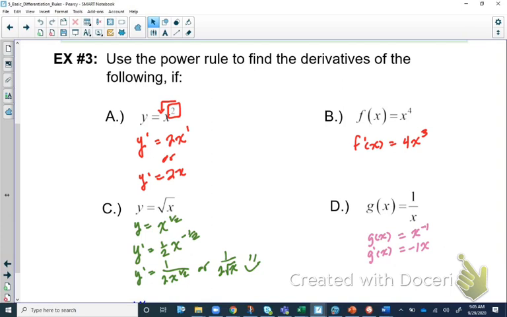And then we're going to subtract the exponent by 1, so I get negative 2 in the exponents. So again, using properties of exponents, we're going to move the negative exponent to the denominator. So this will overall give me a negative value of 1 over x squared.